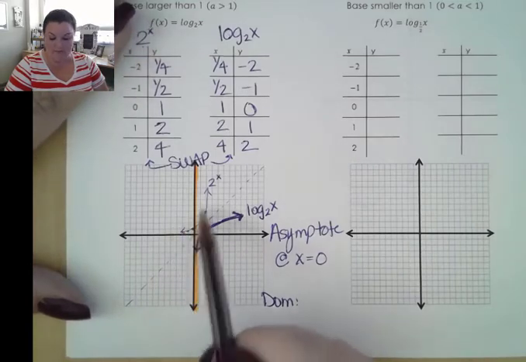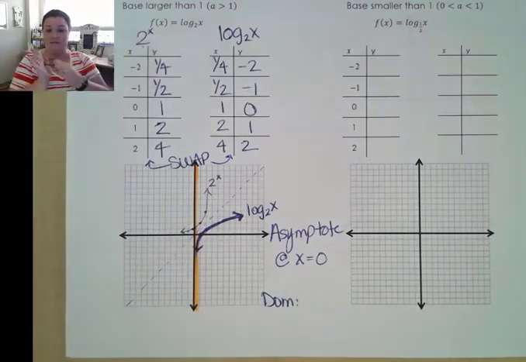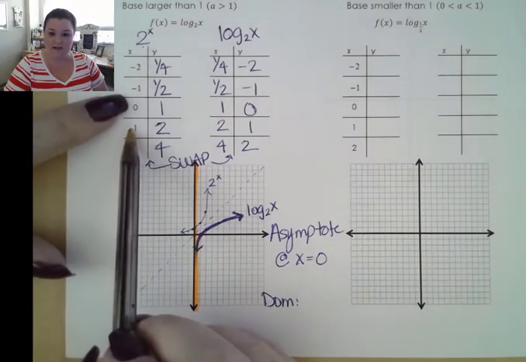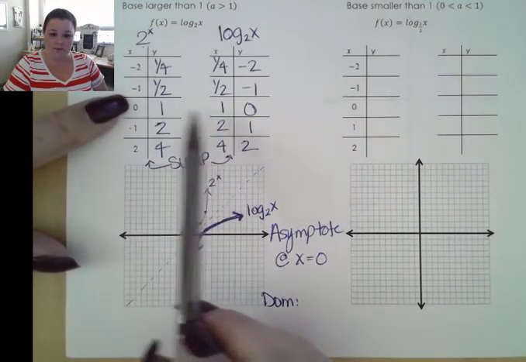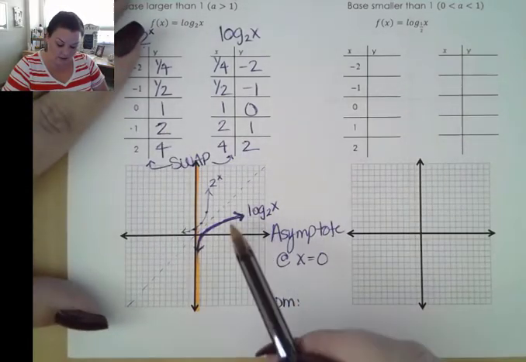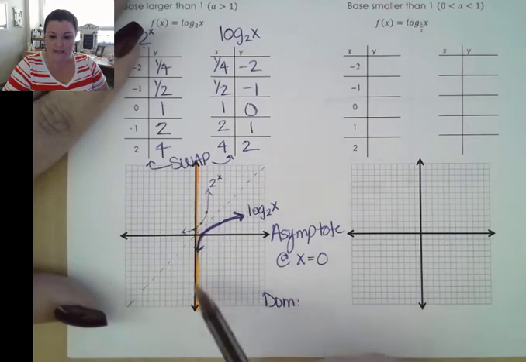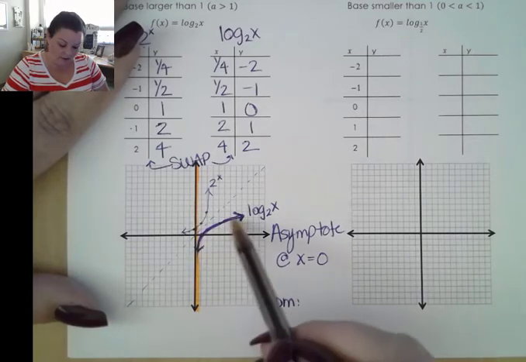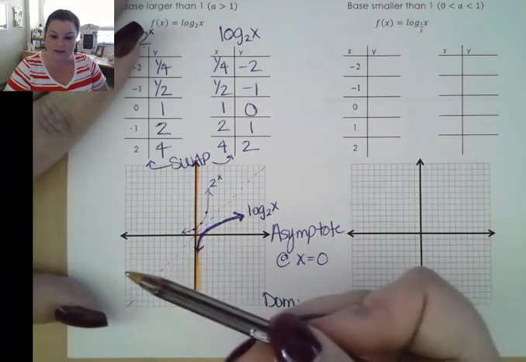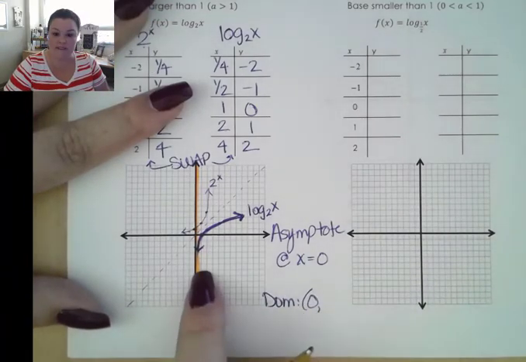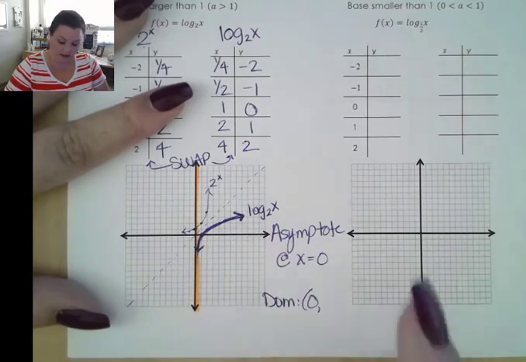Okay, and if we look at our domain before, right, it went in both directions. All exponentials could keep going, but our domain was based on our x's. Our domain now is our previous y's. So notice our x's now go and hit this force field of an asymptote right here. My log function can't cross 0 going that direction, so it starts at 0 with a parenthesis, and then it continues on out to the right.